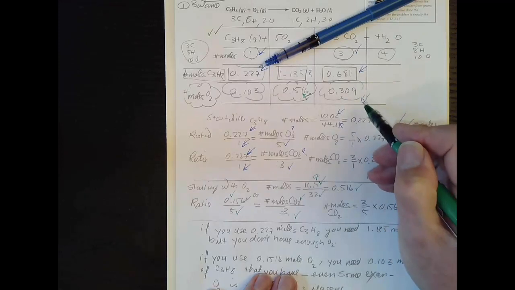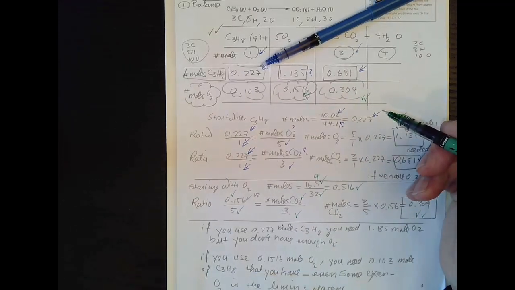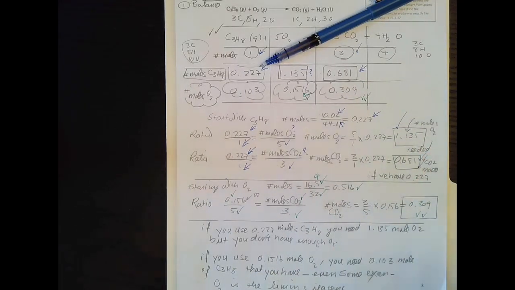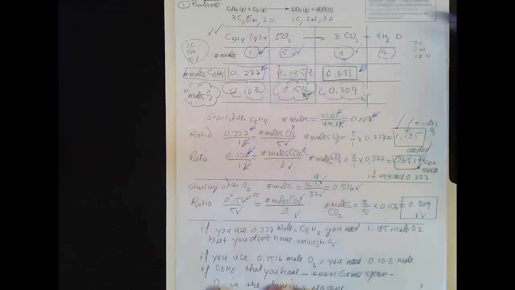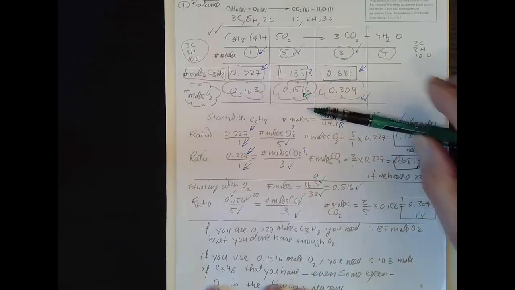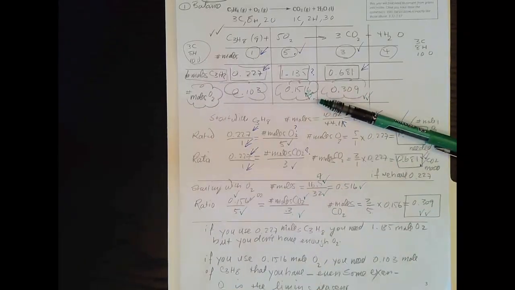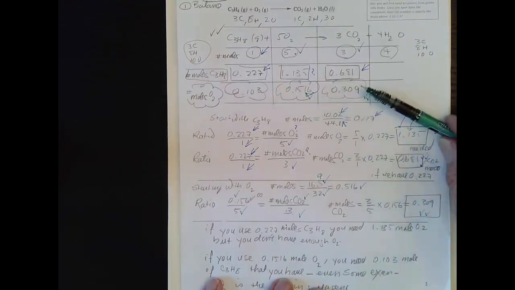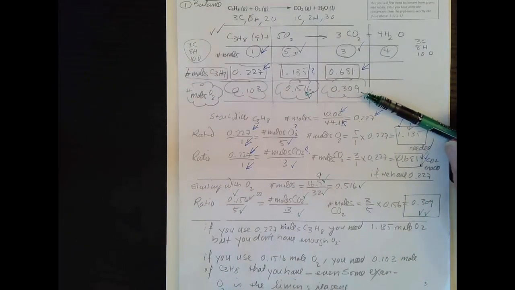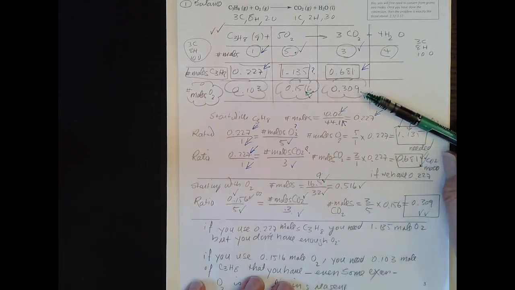So oxygen is really the limiting reagent. Oxygen is the limiting reagent, and based on that number, we can make only 0.309 moles of carbon dioxide, and use 0.103 moles of propane.